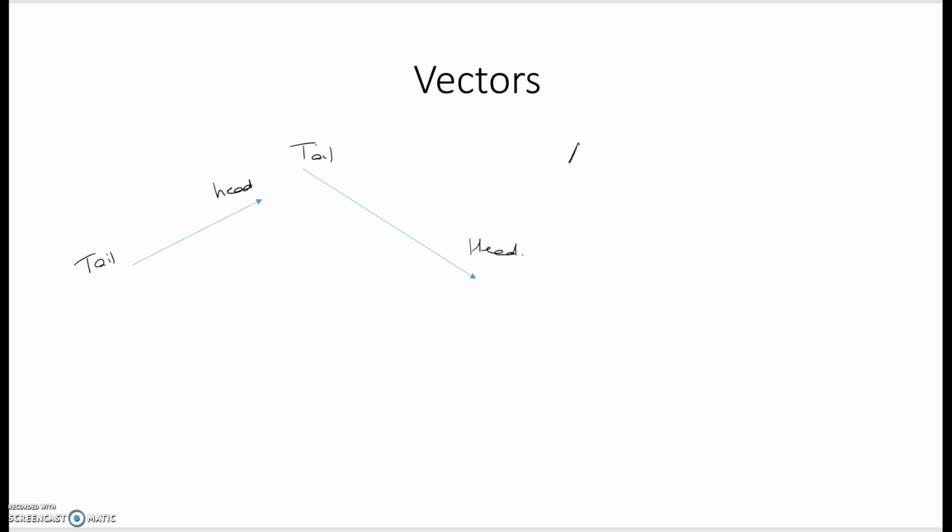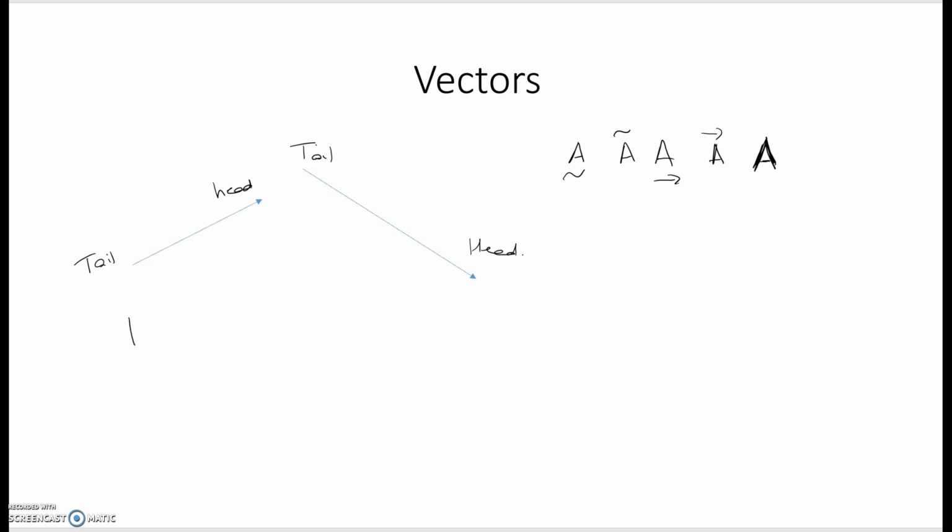You might represent it by a squiggle on the top, or an arrow underneath, or an arrow on the top, or you might write it in bold. Textbooks usually write it in bold. Many quantities in physics are vectors, and we need to be able to add them together or multiply or divide them by scalars.